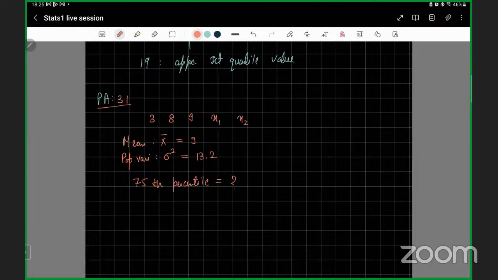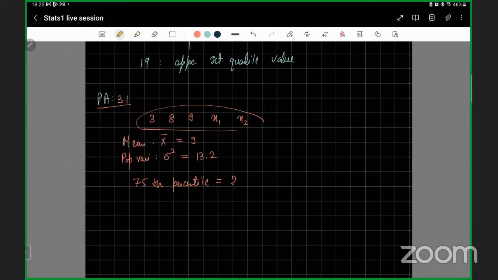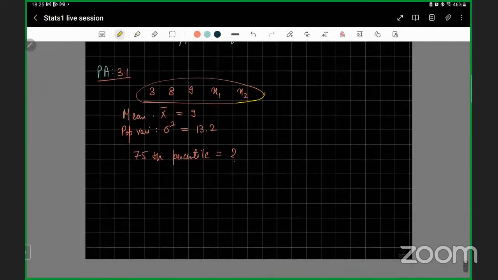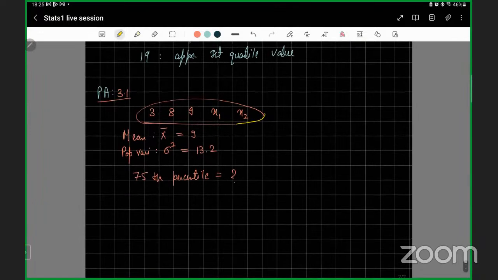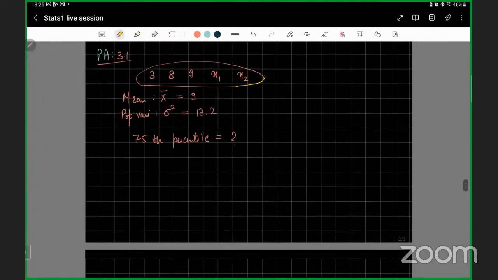Now to find the percentile, you know that you will have to arrange this data. Right? In order to arrange this data, you need to know the values of X1, X2. So first, let's find that value. Yeah, I found out the value is 11. You found out the value?